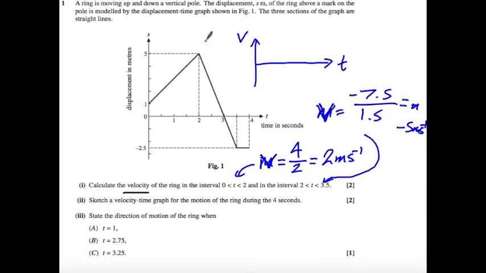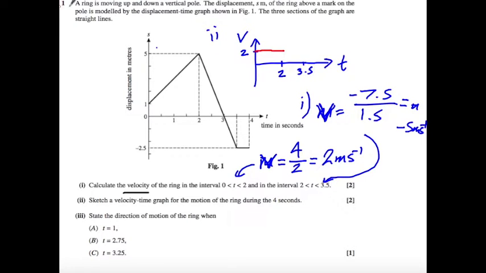Sorry, this is all over the place. So if we think about from 0 to 2, our velocity we worked out was 2 meters per second. And that's going to be a horizontal line because that velocity is not changing. Then at 2 seconds, our velocity changes to minus 5. So from 2 to 3.5, which is going to be about there.